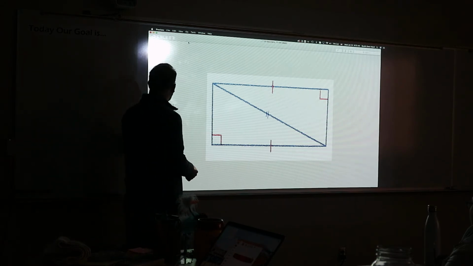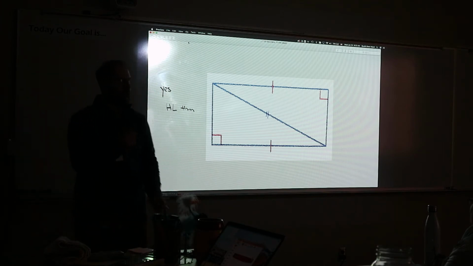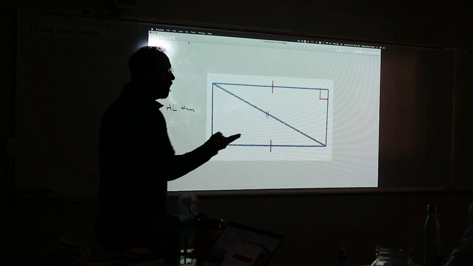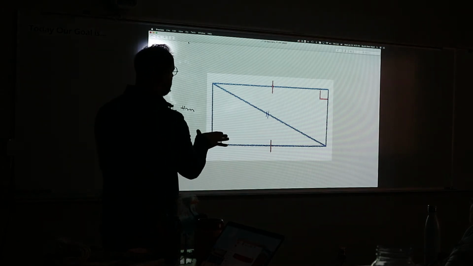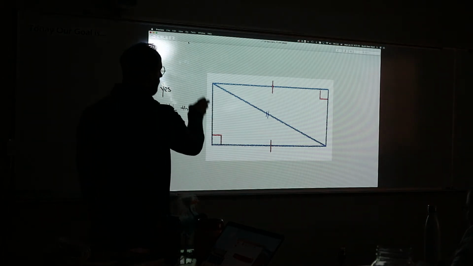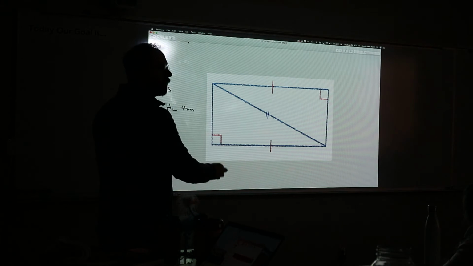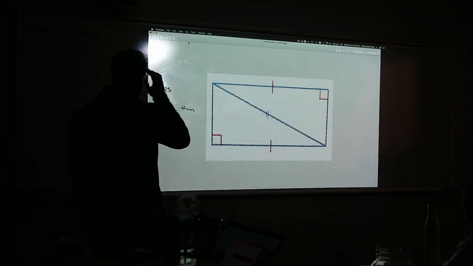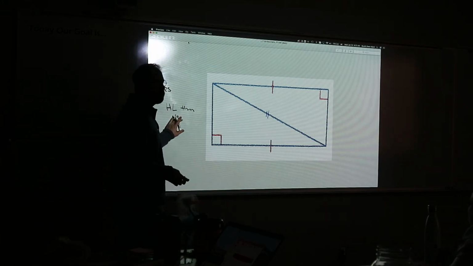By the HL theorem, hypotenuse leg. The hypotenuse is actually the reflexive wall. They are right triangles. They gave me the hypotenuse in the middle, and they gave me one of the legs. That's actually why they're equal. This is the last theorem that we haven't proved yet.